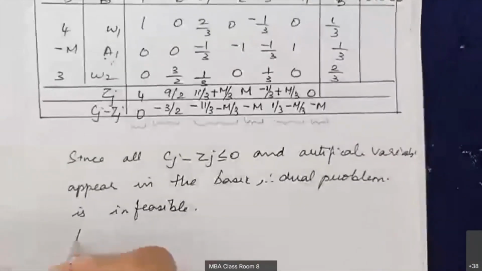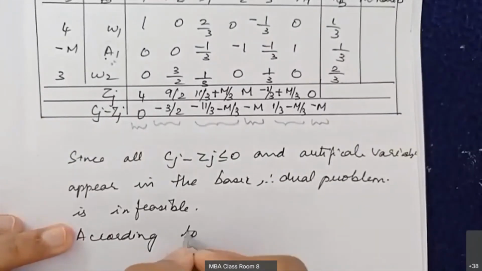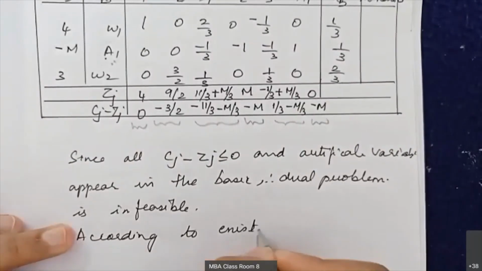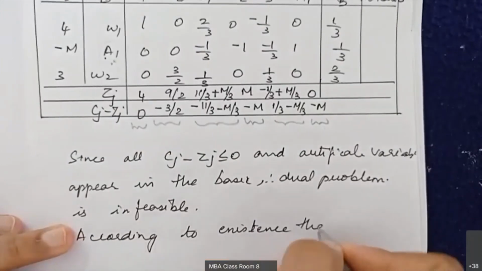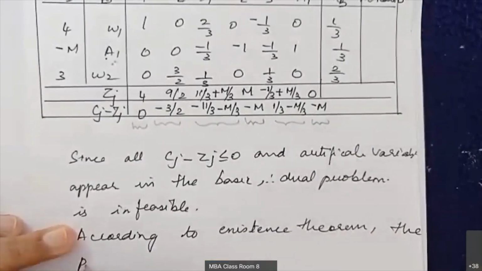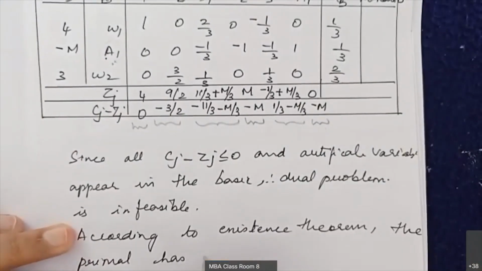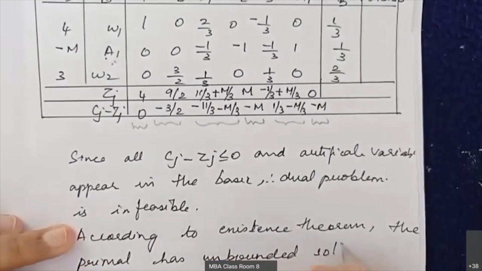So according to the existence theorem, the primal has an unbounded solution.